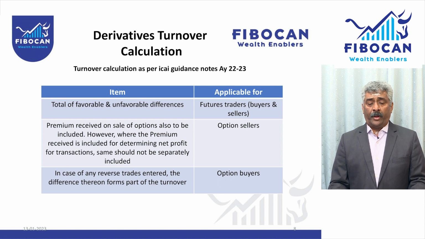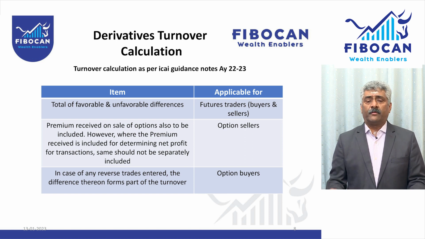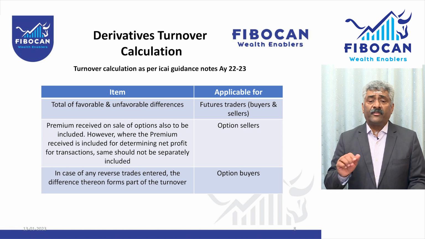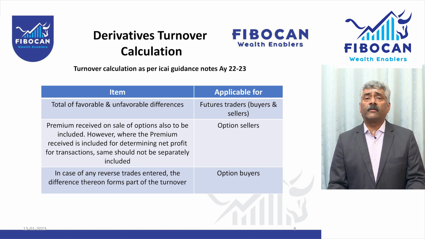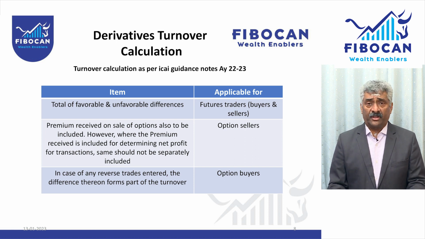However, where the premium received is included for determining the net profit for the transaction, it should not be separately included. This is mostly for option sellers who are purely selling; we will show with examples. And in case of reverse trades entered, the difference thereon forms part of the turnover. This is mostly for option buyers where they exercise the option or square off the transaction.